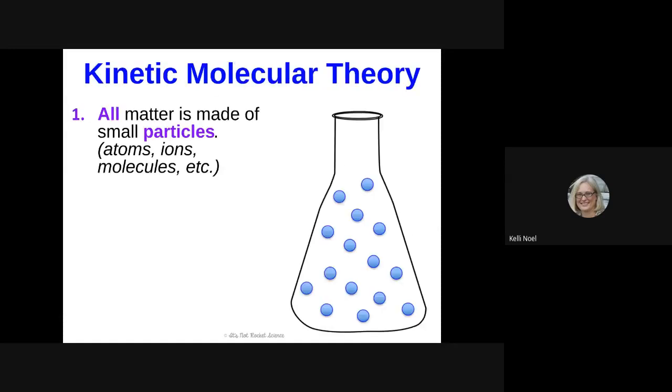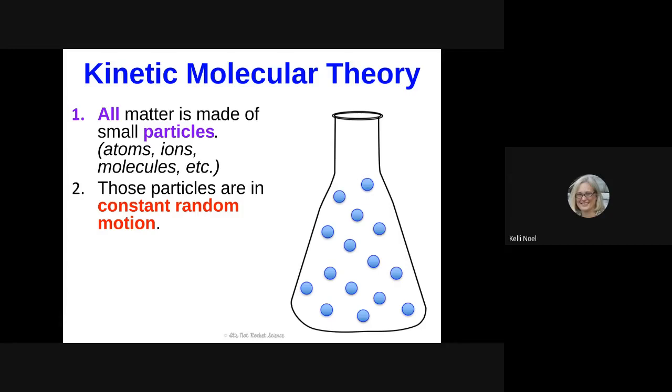All right, kinetic energy or molecular theory. Molecular comes from the word molecule. So all matter is made up of either atoms or molecules. And these small particles are going to be in constant motion. And it's going to be random. So these are the three parts of this theory. All matter is made up of small particles. We're meaning atoms or molecules or compounds.